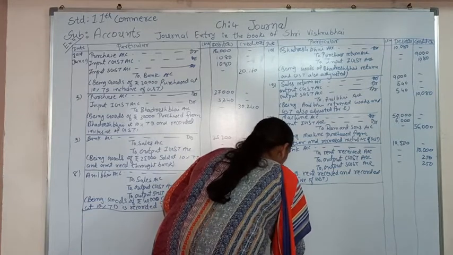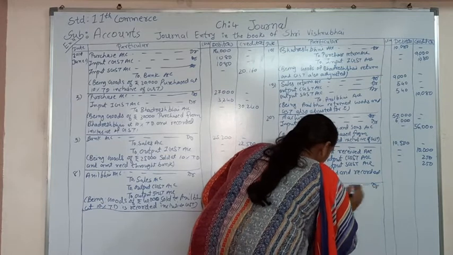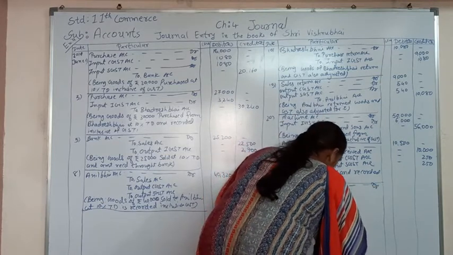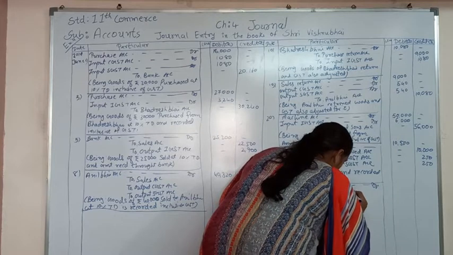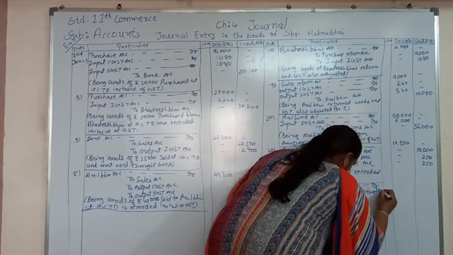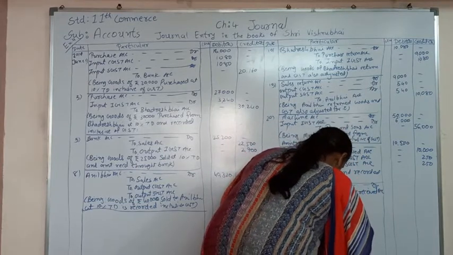So here the journal entry will be bank account debit, to commission received account, to output IGST account.